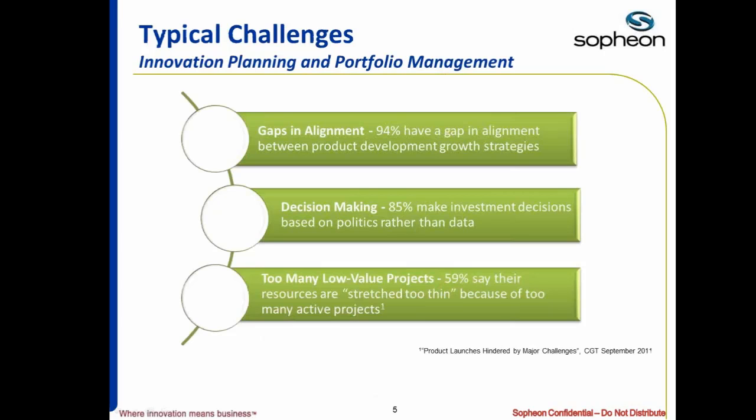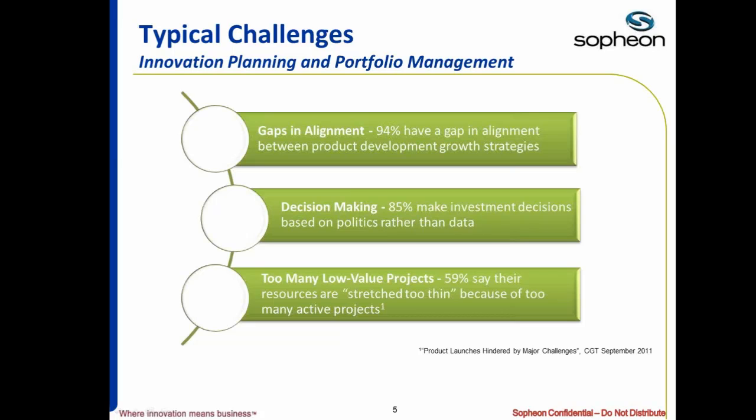So what are our challenges? We have gaps in alignment with strategy. 94% of executives say there is a gap in alignment between product development and strategy. Decision-making is often based not on data, but rather on internal politics, gut feel, and data takes a back seat because the reliability of the data is in question and easily accessing data is in question.